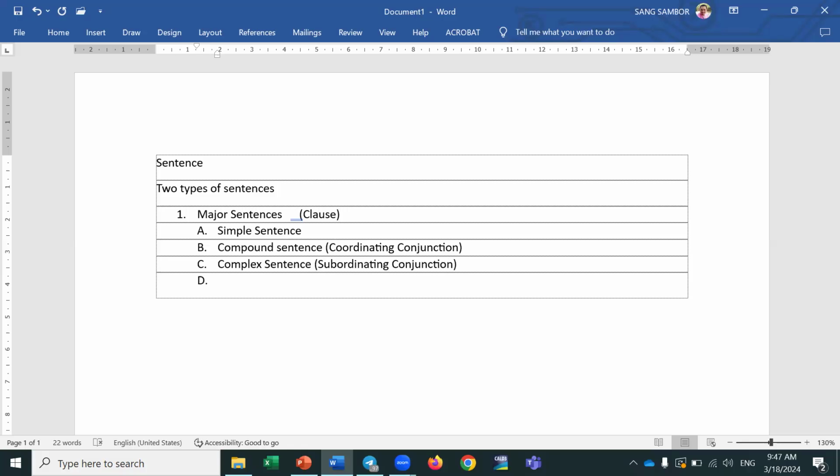If you also form a sentence containing two or more clauses with the help of both coordinating conjunction and subordinating conjunction, we call it a compound complex sentence.